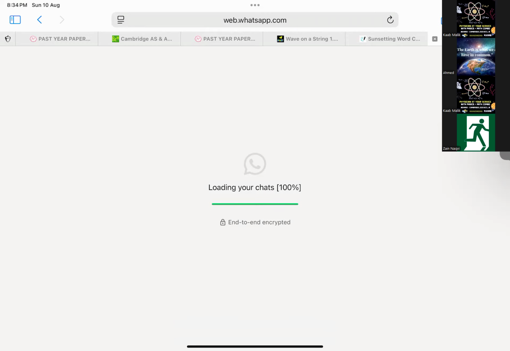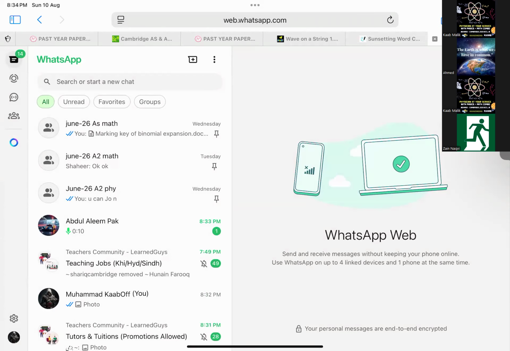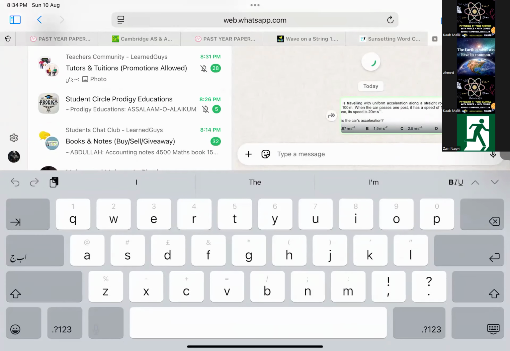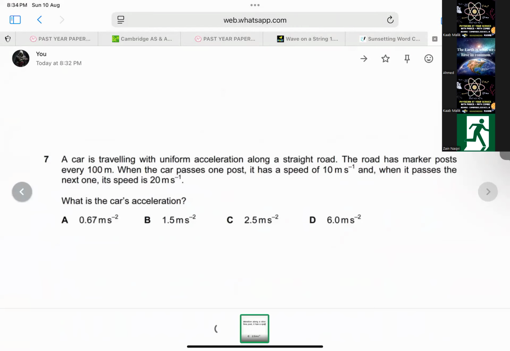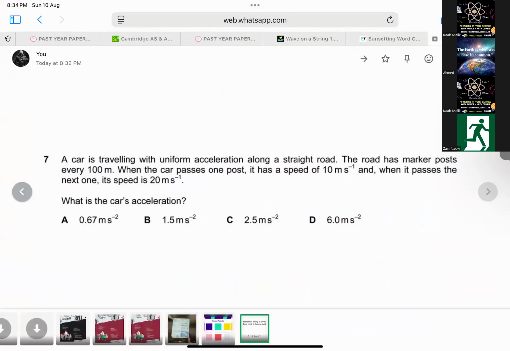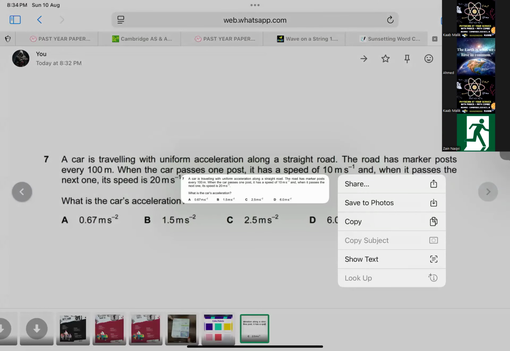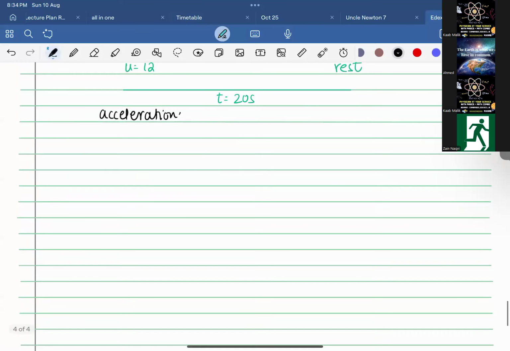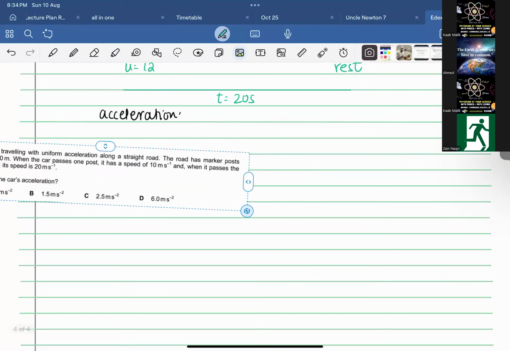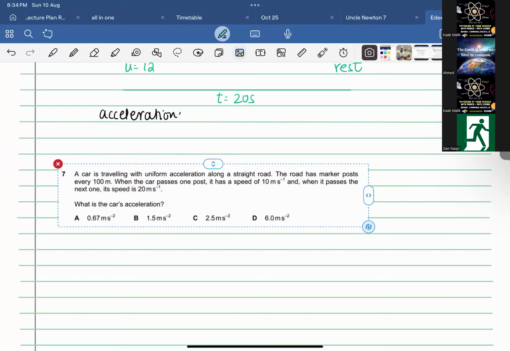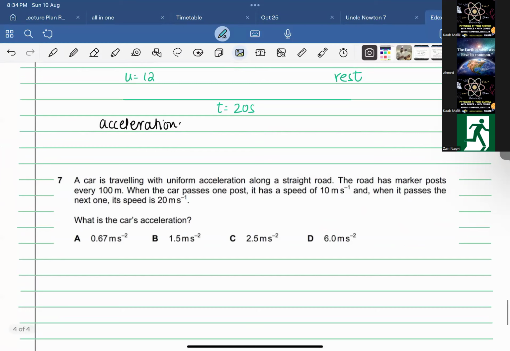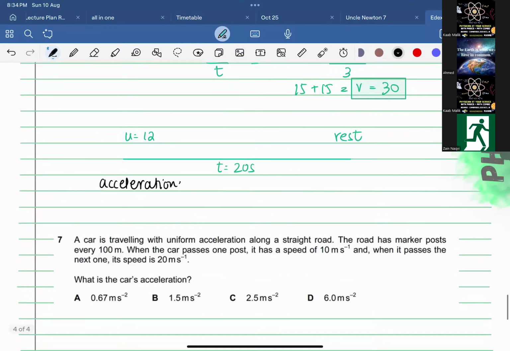Okay. Copy and paste. Okay. If you guys are done, then just try this one. Yes. Ahmed, done? Ahmed, please tell me something. Yes, done. Okay. How much is the acceleration coming?